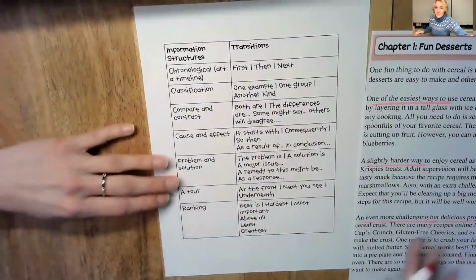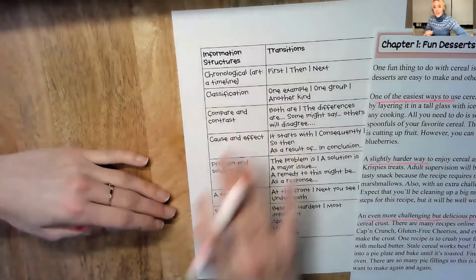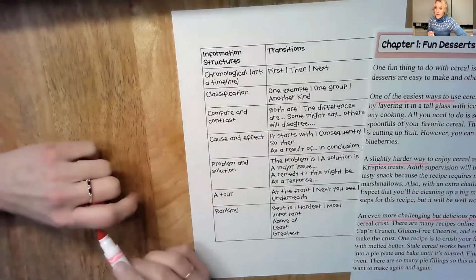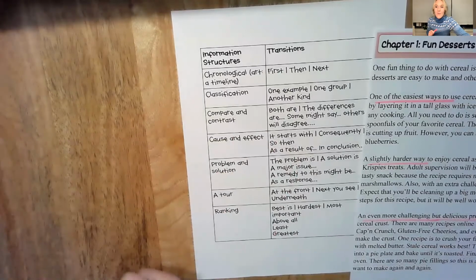So find this chart on the Padlet or on Google Classroom and use it to read over and revise your own information book. I can't wait to see and follow you on your magical journey in your information book. It's going to be great.